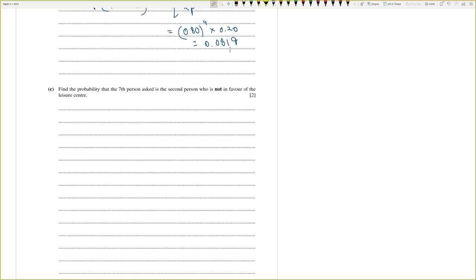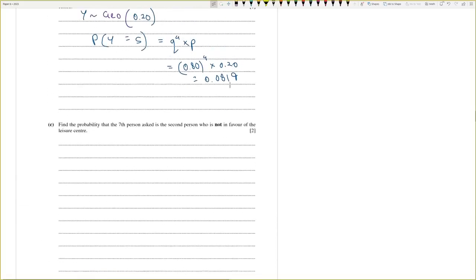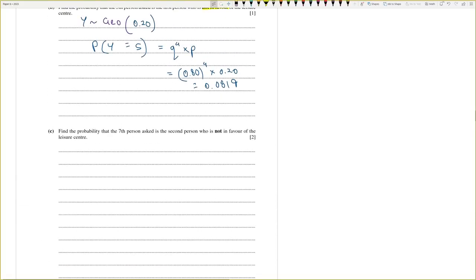So what does this mean essentially? Find the probability that the seventh person asked is the second person who is not in favor of the leisure center. So essentially, out of the 7 people you ask, individual 1, 2, 3, 4, 5, 6, 7, the seventh person is not in favor, so his or her probability will be 0.2.